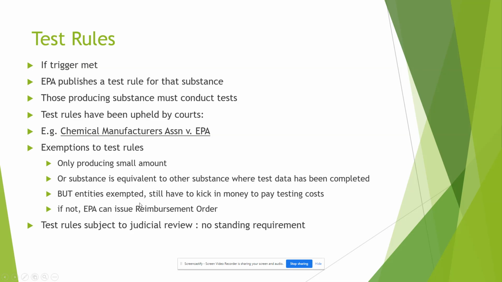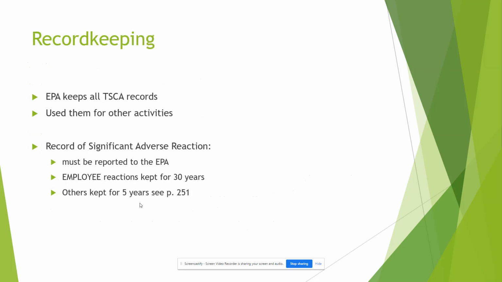And if the entity is exempted, they may still have to kick in money to pay testing costs that another corporation is doing. If not, then the EPA can reimburse them. Testing rules are subject to judicial review. You don't need a separate standing requirement. So that was something else that they talked about in this case.